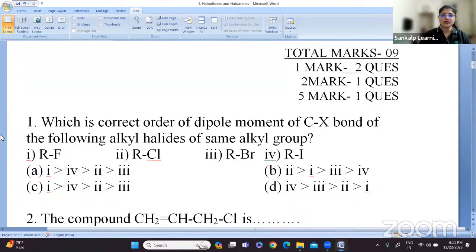Don't know what is dipole moment? Did not study haloalkanes and haloarenes in your schools and colleges? Yes, students, what is dipole moment? So dipole moment is determined by how?